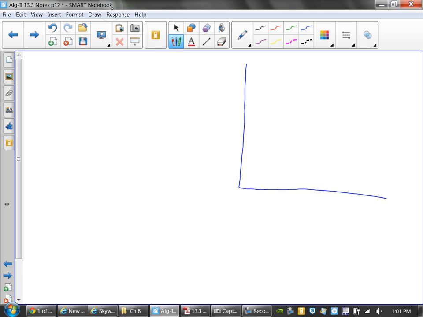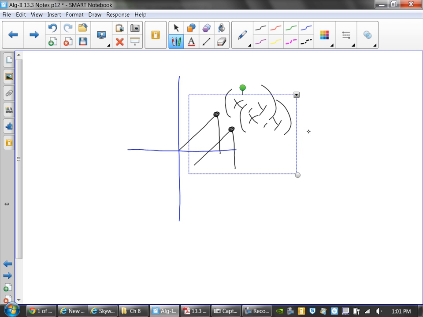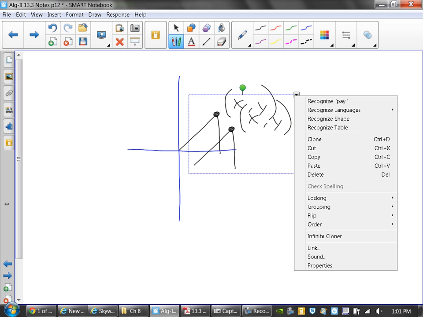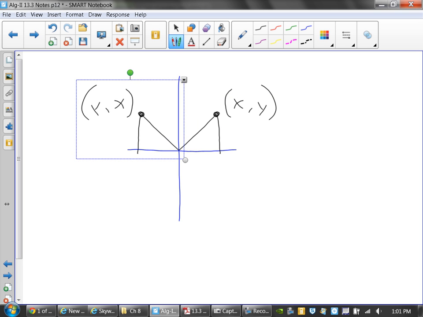Let's relook at this. Remember when we drew out our first triangle and we drew out this ordered pair? This ordered pair was some x and some y value. When it flipped into the next quadrant, what changed?